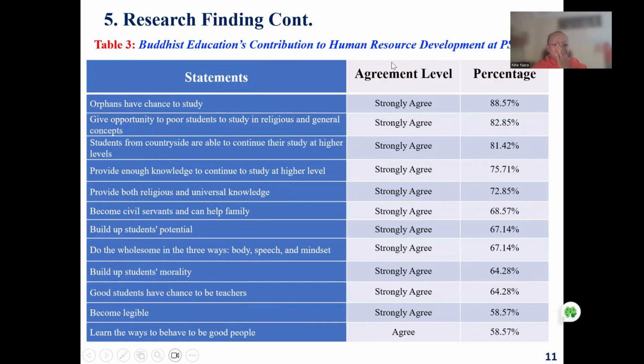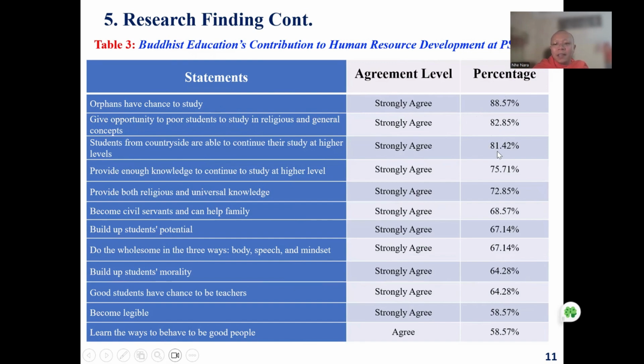Also connected with this is the education's contribution to human resource development. Here, 88.57% of the participants strongly agree that orphans have a chance to study. Most orphans don't have parents, so they have a chance to come to the temple and study. Followed by 82.85% who strongly agree that it gives opportunity to poor students to study in the Buddhist schools.